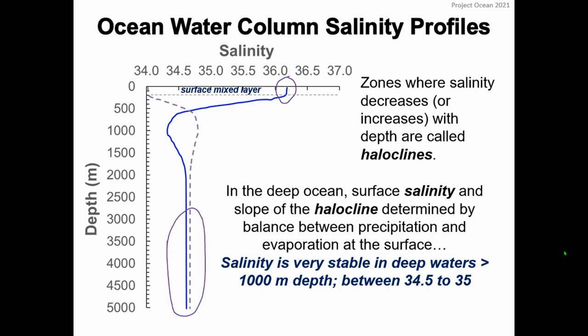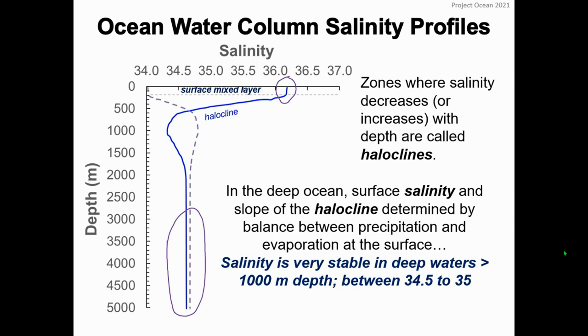So the difference between these salinities drives a halocline. Remember that halocline is going to be a zone where salinities are increasing or decreasing with depth. In the case of this blue line, we can see a halocline. That's the balance or the diffusive balance of salt between the surface mixed layer and deep waters.